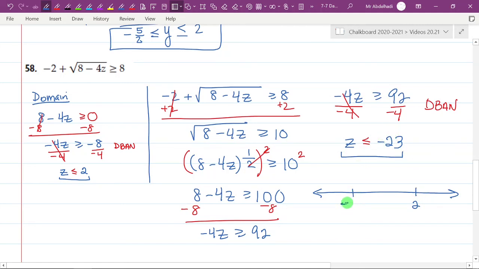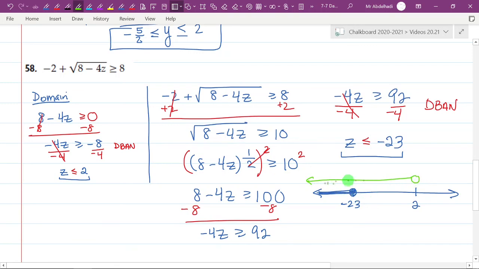And negative 23 will be on the left here, because it's the lower number. The answer says we're less than or equal to negative 23, so closed circle, shading to the left. The domain says that we have to make sure that we stay under positive 2. So the domain is saying open circle going this way.